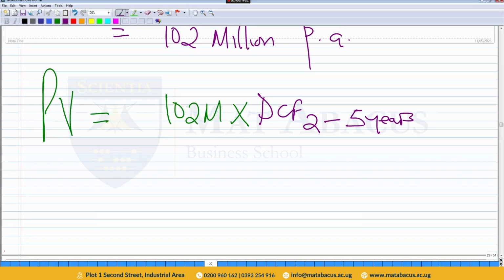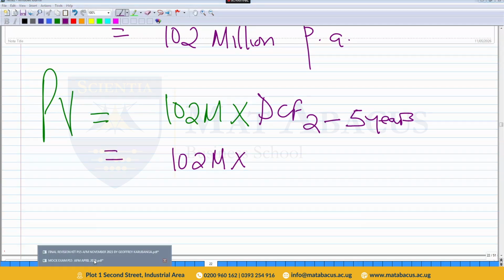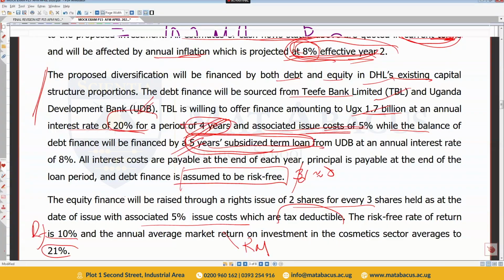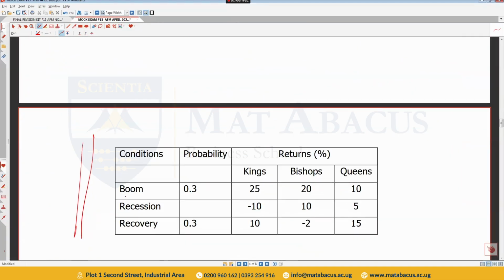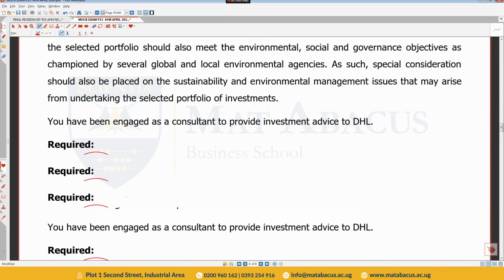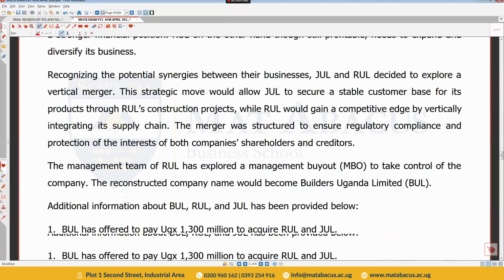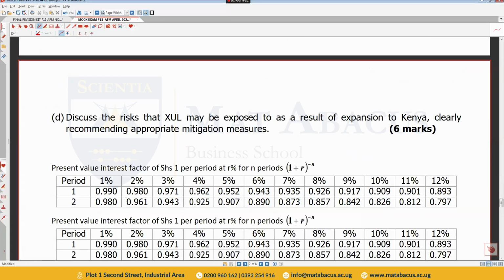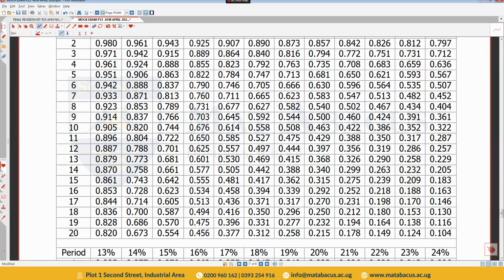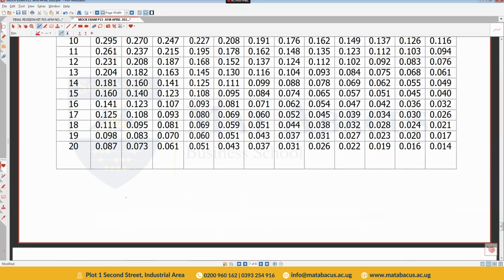Therefore, when you do that, you're going to have 102 million times that discounting factor. It means if you go to your table, we are using the risk-free rate of 10%, and that is an annuity.